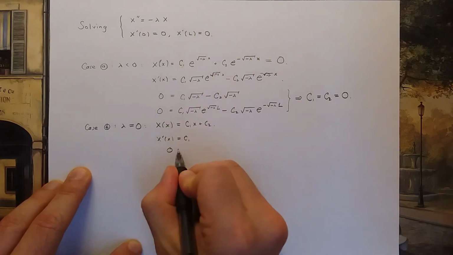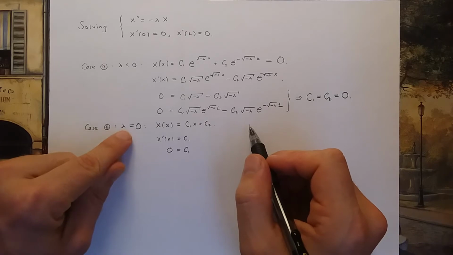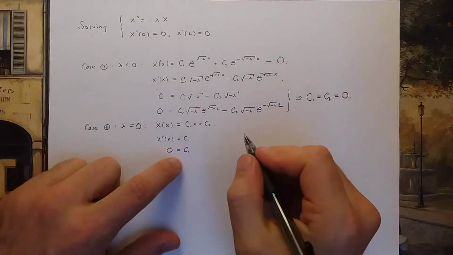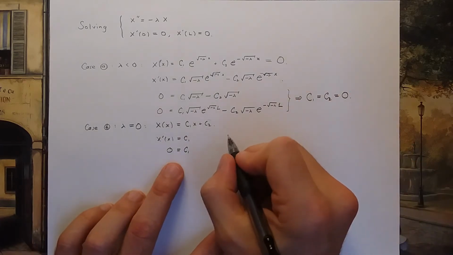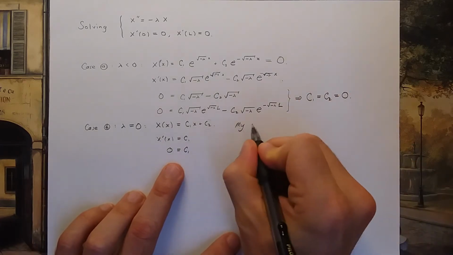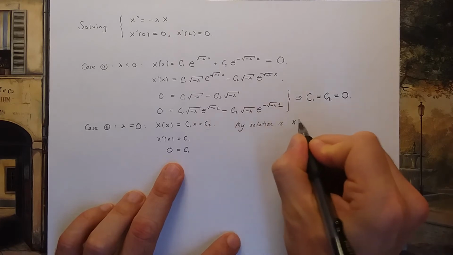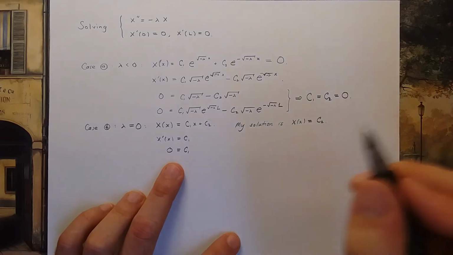Thus, 0 is equal to c1. I actually do get a solution in case B, because C2 could be any number. That's fine. That's non-zero. So my solution in this case is my function is just a constant, C2, or C2 times 1.